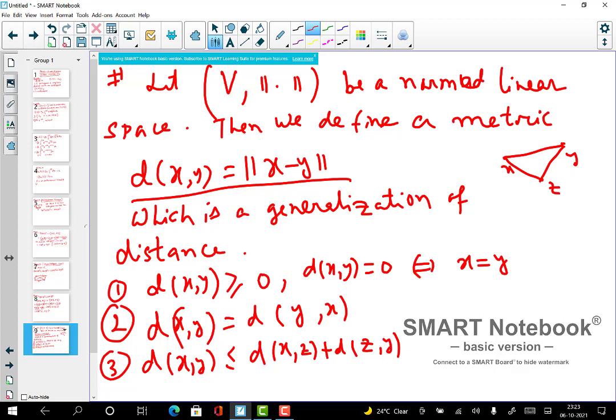And similarly, the triangle inequality comes from the triangle inequality of the norm. Okay, so these are simple. This is an interesting idea that maybe we will learn more about in the next semester in topology and functional analysis.